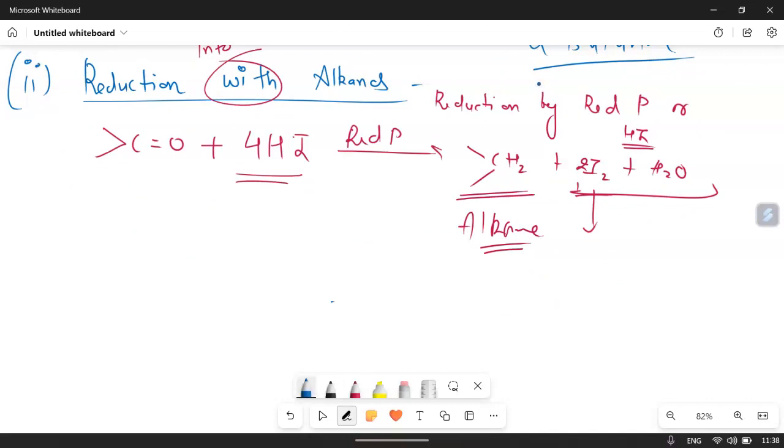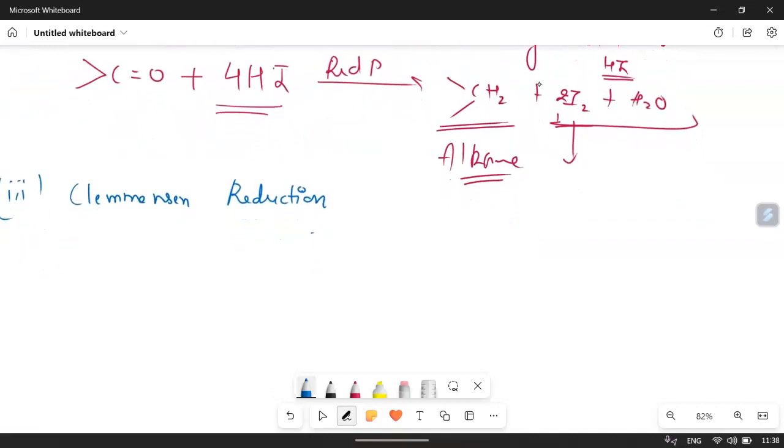The next reduction will be Clemmensen reduction, very popular, very easy. Clemmensen reduction. In this, a carbonyl compound, that is your C=O compound, is reduced in the presence of zinc amalgam and concentrated HCl.